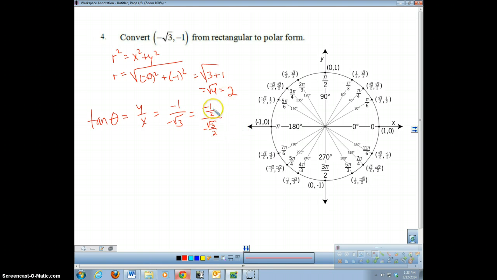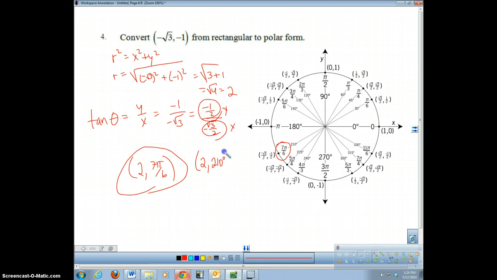So we're going to look for the y coordinate of negative 1/2 and the x coordinate of negative root 3 over 2. That is right here at 7 pi over 6. So my corresponding polar form is going to be 2 comma 7 pi over 6. You could have also written it as 210 degrees.